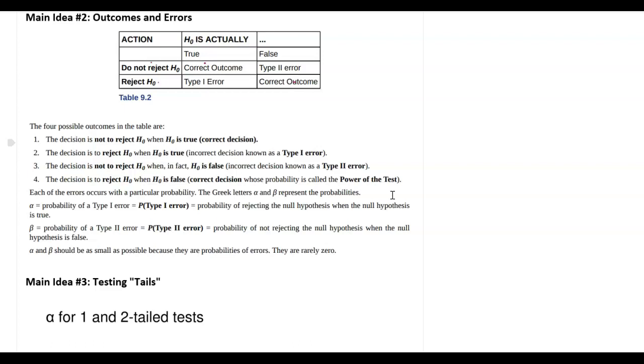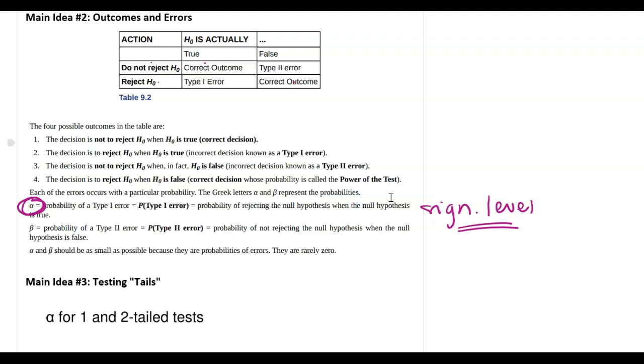However, it is possible that H0 is actually true and we choose to reject it. We call that a type 1 error. And that's what we assign our significance level to in our test, the probability of making a type 1 error, or rejecting the null hypothesis when that wasn't the right thing to do.